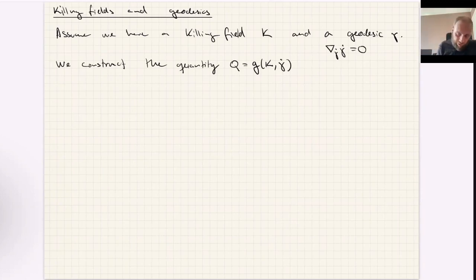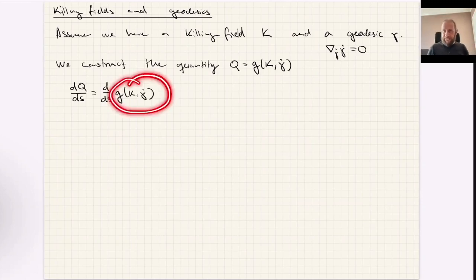So let's just check what happens when we differentiate Q with respect to the curve parameter here. So this is, if we write it out, d/ds of g(K, gamma dot), right? But this thing here is a scalar. G here is the metric tensor.